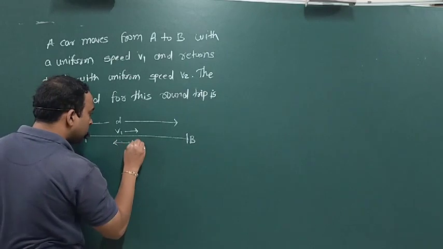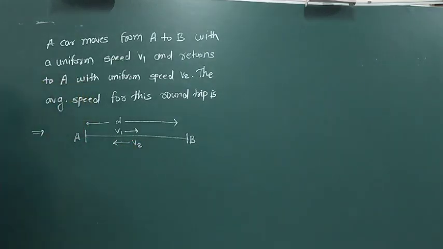Then find the average speed for this trip. Distance is given, speed is also given. Uniform speeds are given, but time is not given.